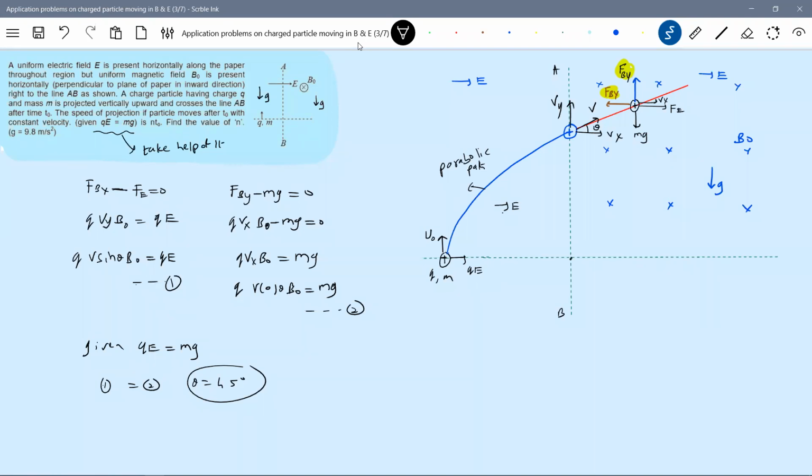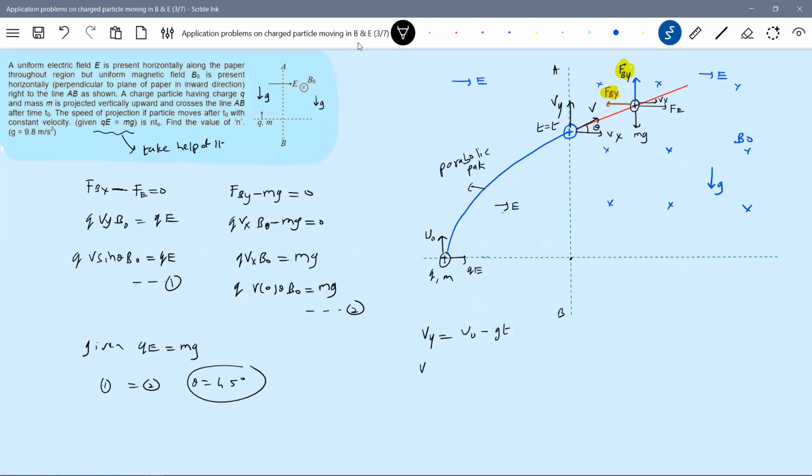Okay, let's get into the next part of the discussion. Vy is equal to u naught minus g t. Time taken to reach here, t, I'll write it. What is Vy equal to? V sine theta.